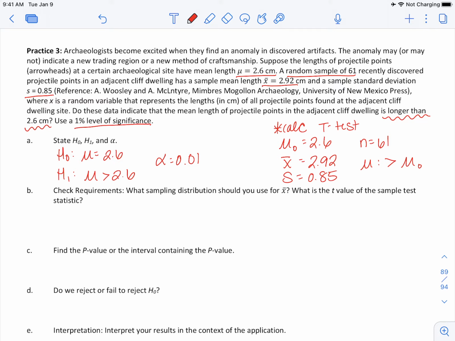Okay, so for B, our N is equal to 61, which is greater than or equal to 30, so it's approximately normal. We have no sigma, so we're going to use the t distribution.